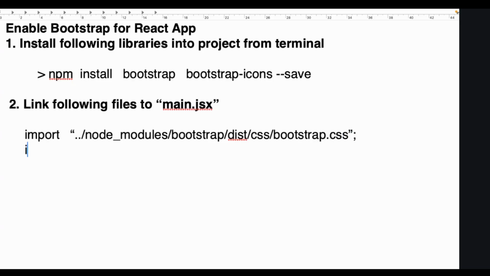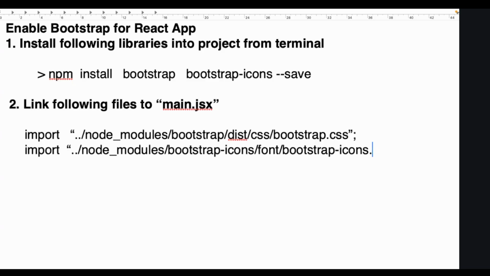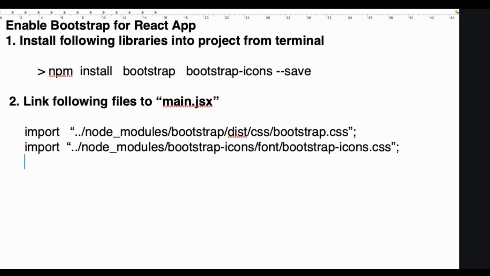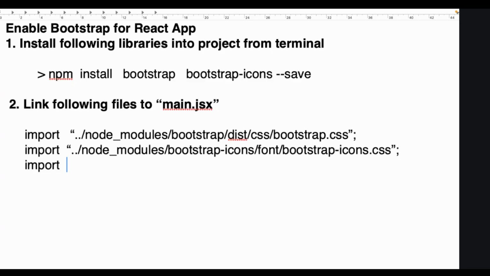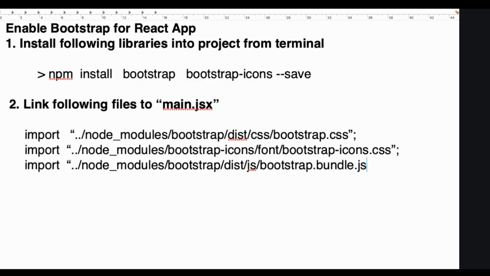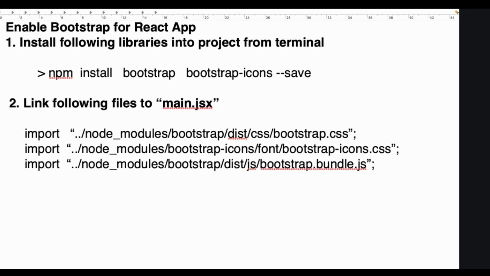That is one file. node_modules, bootstrap-icons, font, bootstrap-icons.css. And node_modules, bootstrap, in that dist, js, bootstrap.bundle.js. These are all the files you need to set up in main.